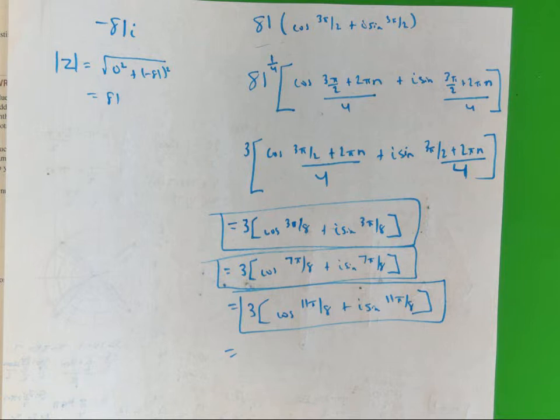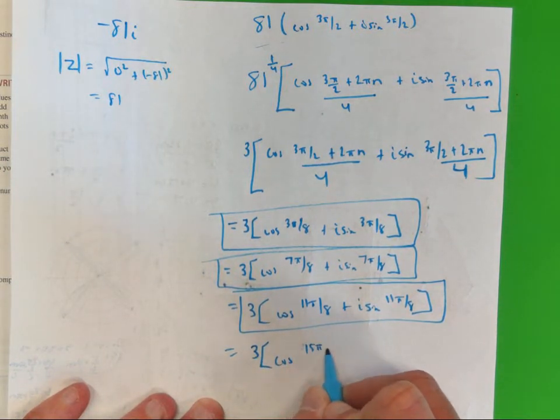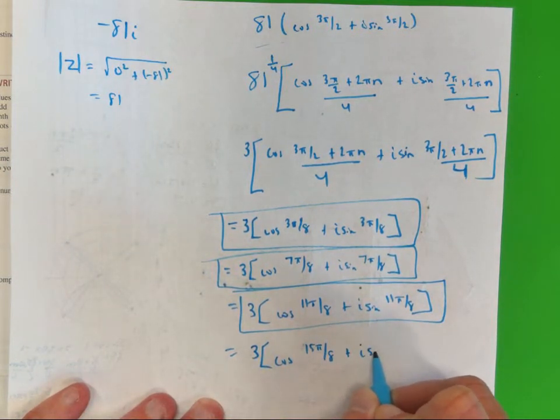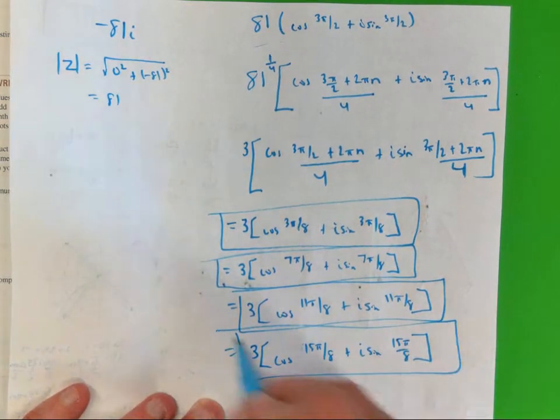Alright. The next one, I'll plug in 3. 2 pi times 3 is 6 pi. 6 pi and 3 pi over 2 will be 15 pi over 2, okay? And then 15 pi over 2 divided by 4 is 15 pi over 8. And that's my 4 roots.